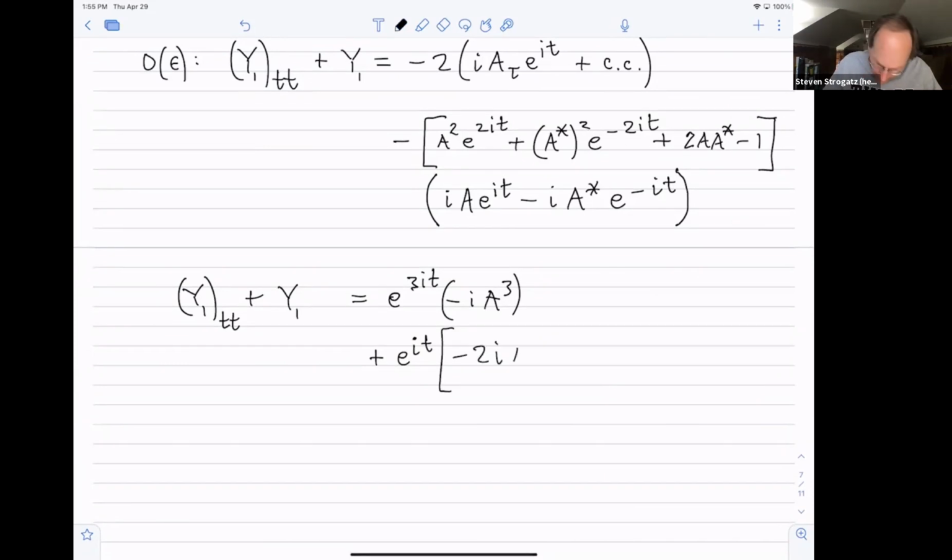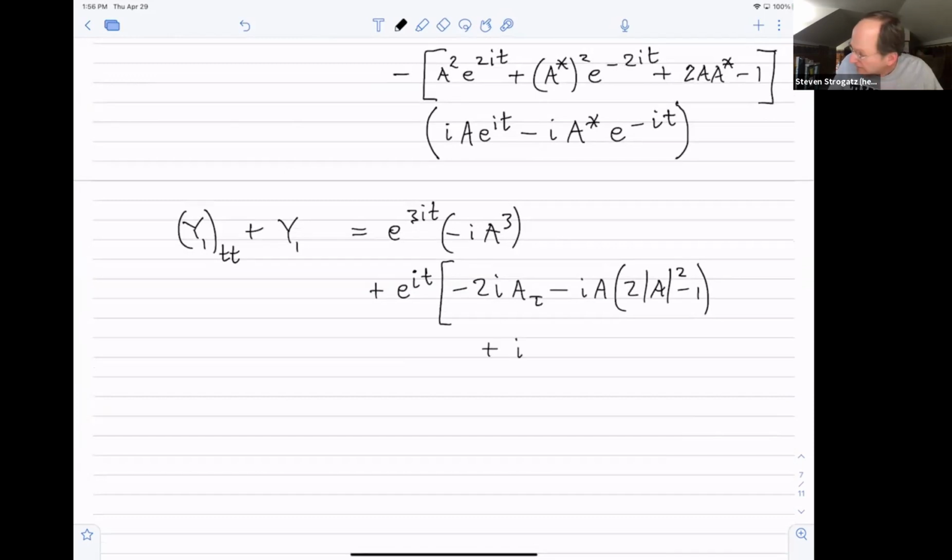Minus 2i a sub tau minus i a times 2 modulus of a squared minus 1 plus i a squared a star, plus complex conjugate of the whole thing that I've written so far is the right-hand side.